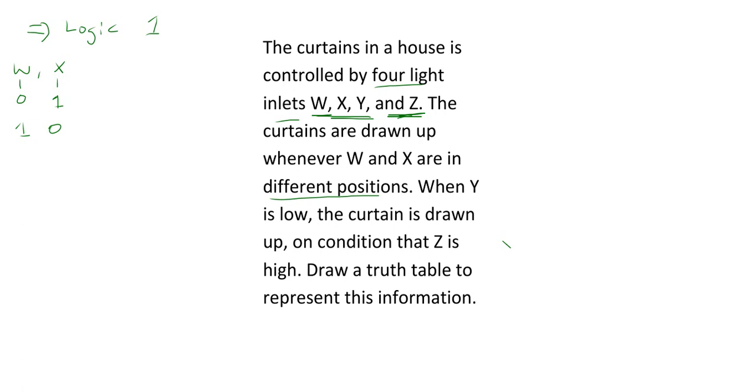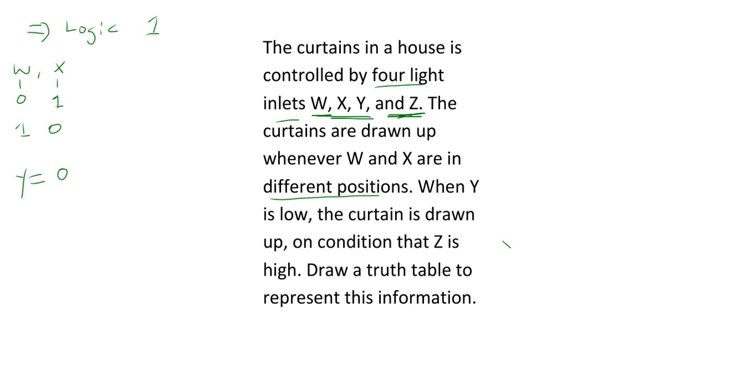That is what it means by different positions. Another one: we are told that when Y is low, the word low represents logic 0. So when Y is 0, the curtain will be drawn on condition that Z is high.